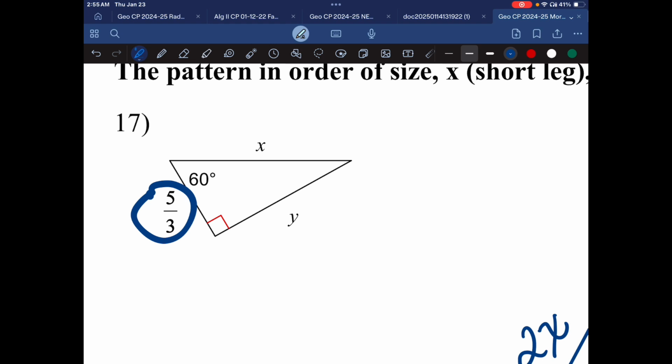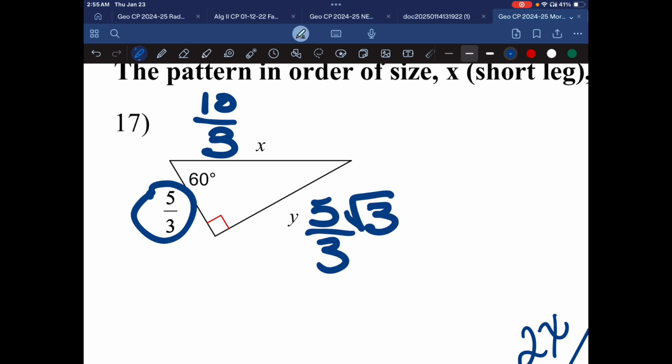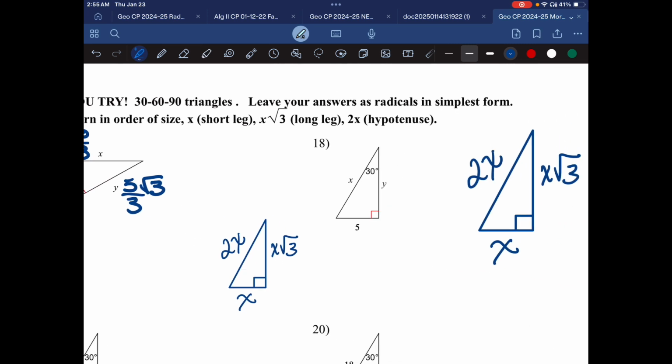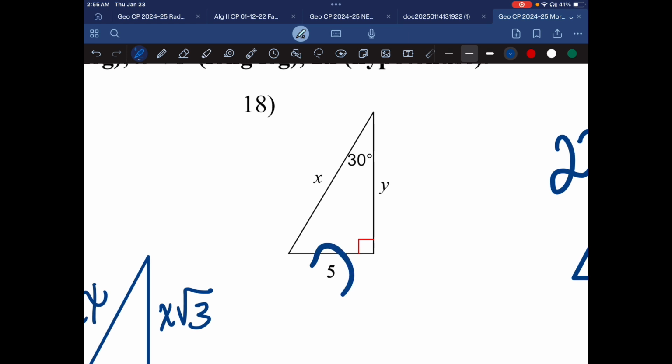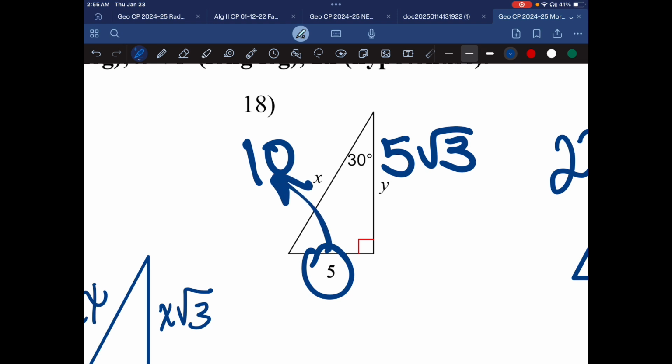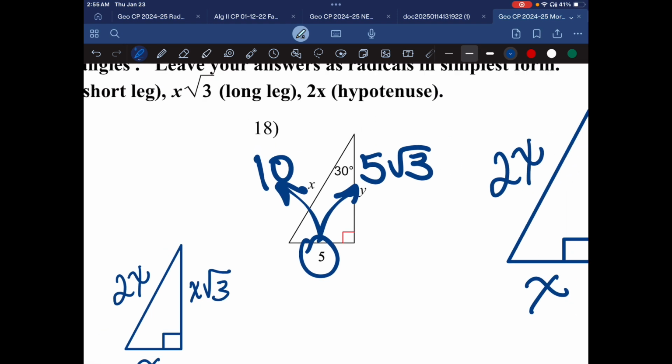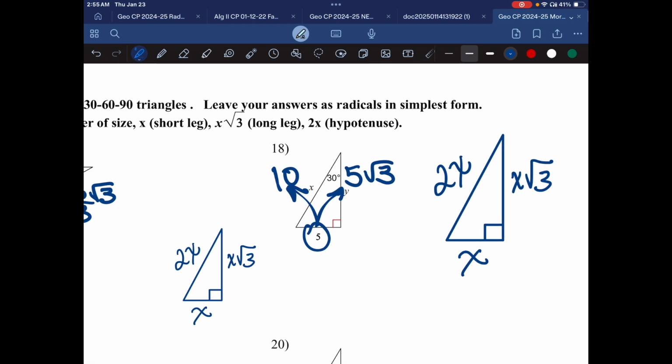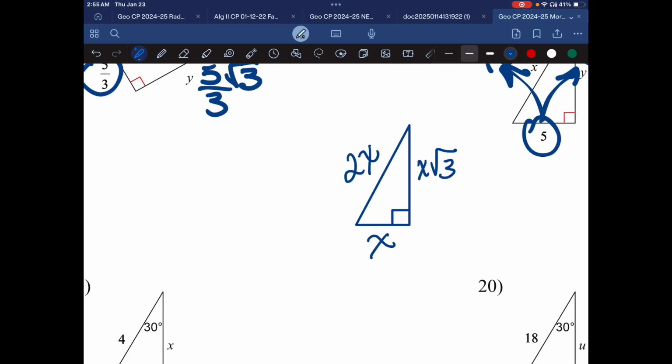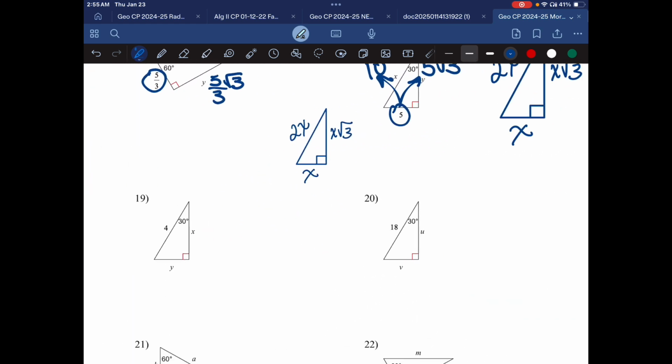So short, double the short, short square root of 3. So we got x, 2x, x square root of 3. X, 2x, x square root of 3. And you can keep the pattern in front of you when you do it. You can see it better on your screen.